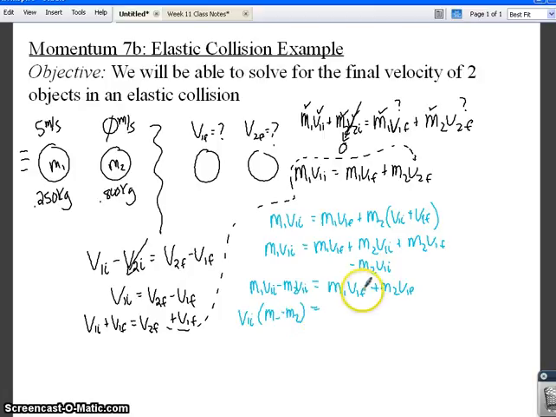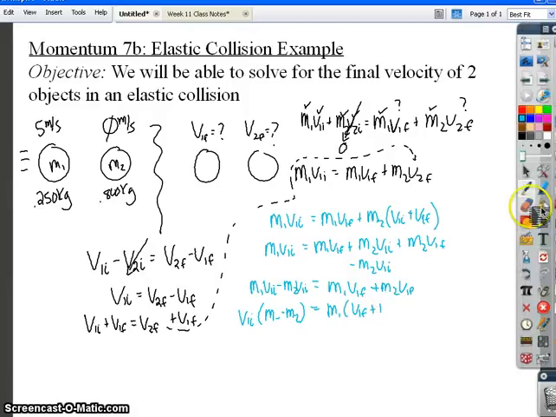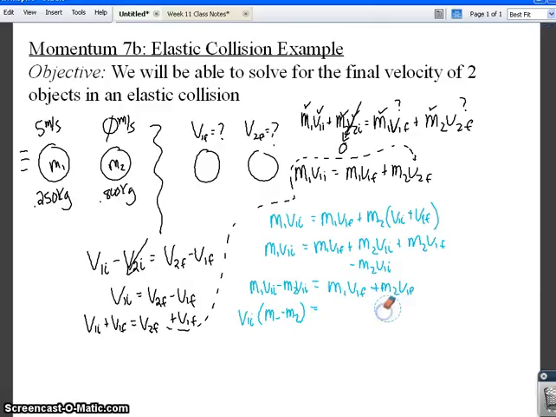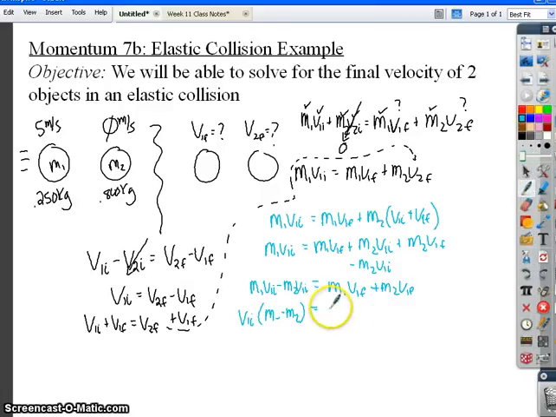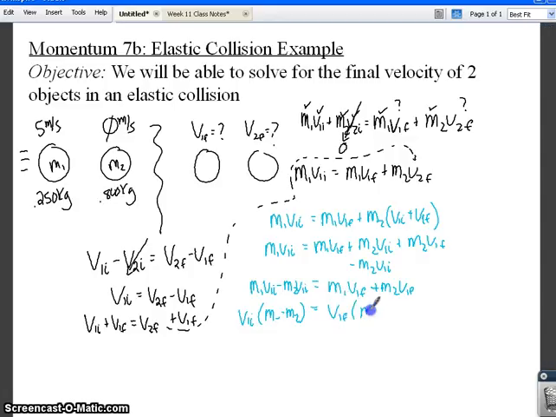On this side, v1f is the same: v1f times (m1 plus m2). I'm trying to solve for v1f, so let's divide by m1 plus m2. That cancels out, and now I know everything in here.